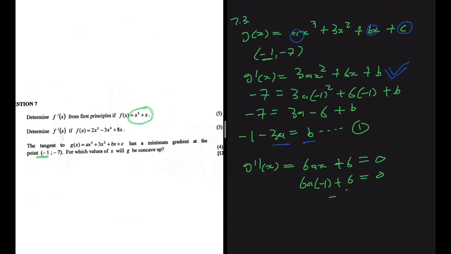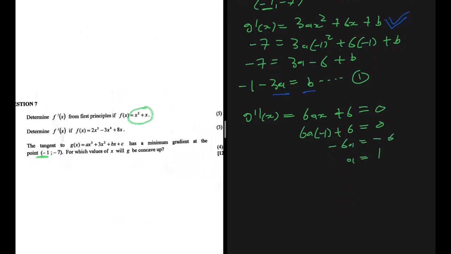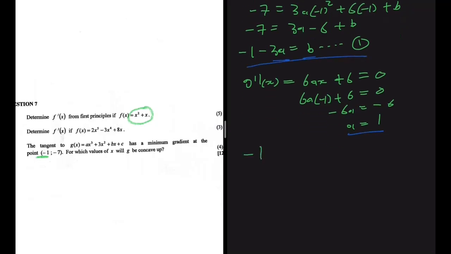So here you're going to see that -6a equals -6, so a equals 1. Right? So now we have determined that a equals 1. Now let's go to equation 1 and substitute 1 so that we can find b. If we do that, we're going to say -1 minus 3 multiplied by 1 equals b. -4 equals b, right?